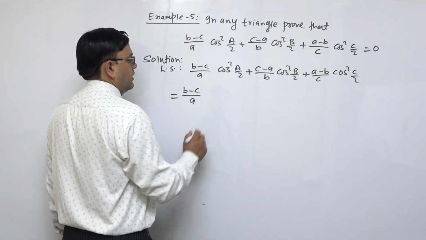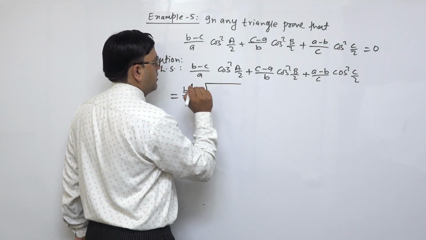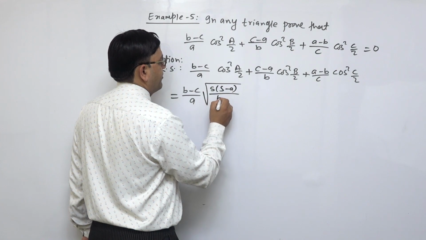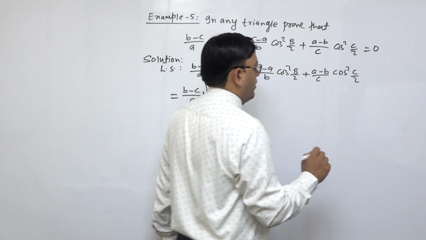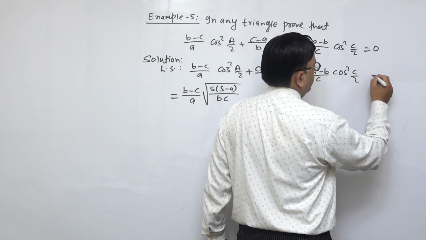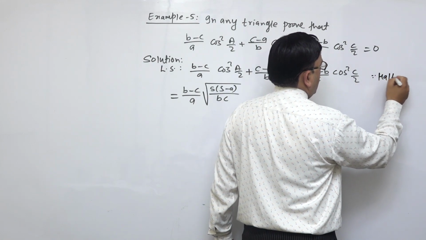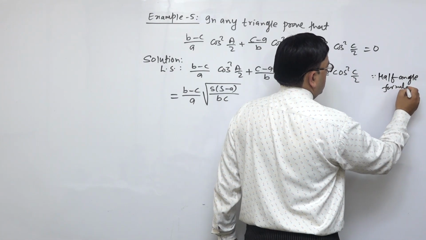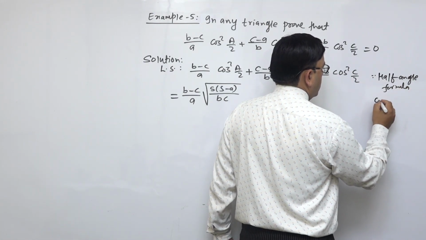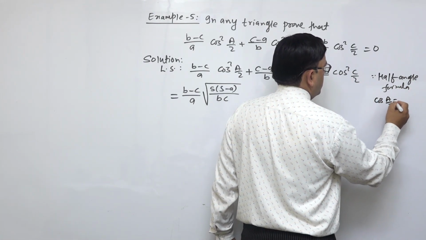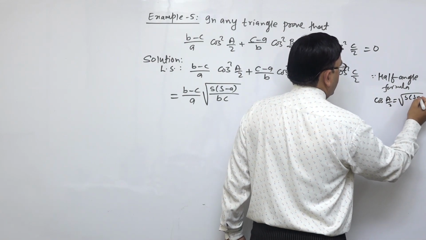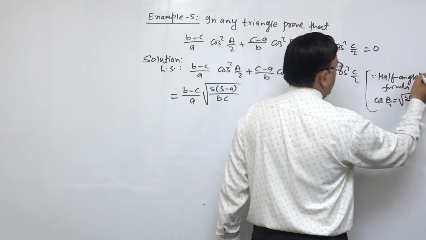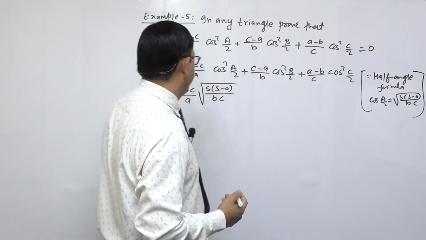We know this one is root under s times (s minus a) by bc. Students, you know the half angle formula: cos A by 2 is equal to root under s(s minus a) by bc. Similarly, we can use the other ones also.